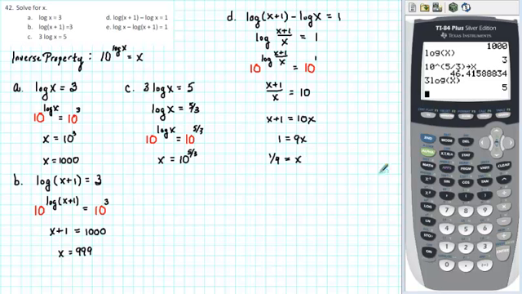Let's check our answer. 1 divided by 9, we store that as x. It's approximately 0.11. And then we enter the left side of the equation, which is the logarithm of x plus 1 minus the logarithm of x.